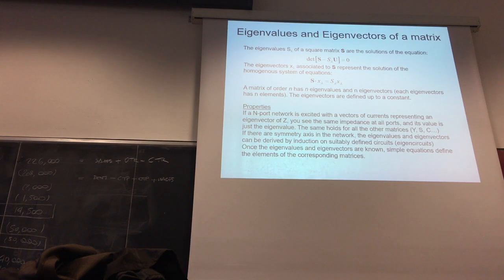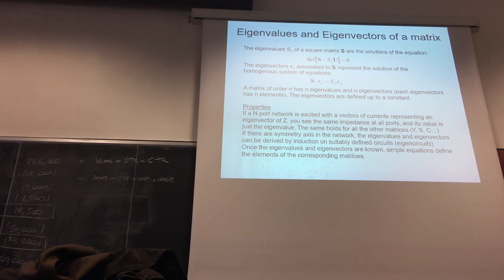The physical aspect is easy to say. Actually, if the matrix S represents an impedance matrix, an admittance matrix, or a scattering matrix, the eigenvector of that matrix represents a set of values for exciting the ports of this matrix.